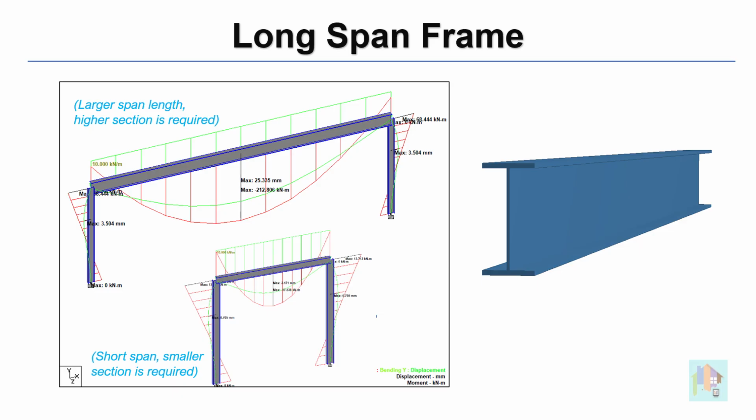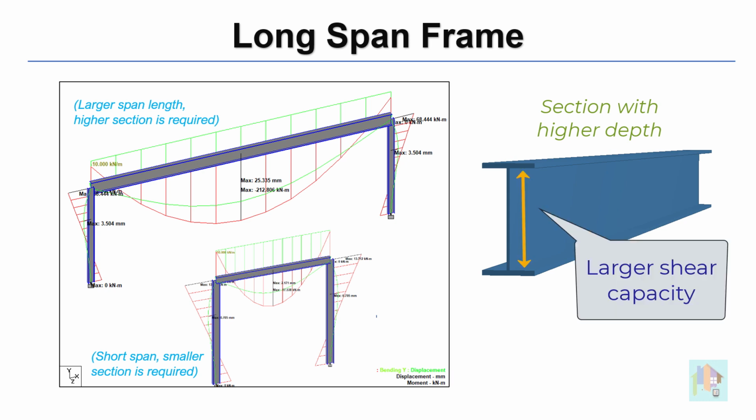From these two examples, it is clear that we need to assign a section with higher depth if the span length is large or if the bending moment about major axis is considerably high. But there is one problem. This section is not utilized properly. With the increase of overall depth of the section, shear capacity is also increased, right?